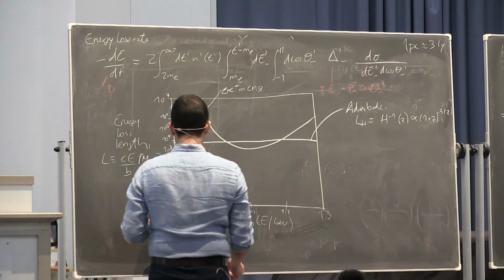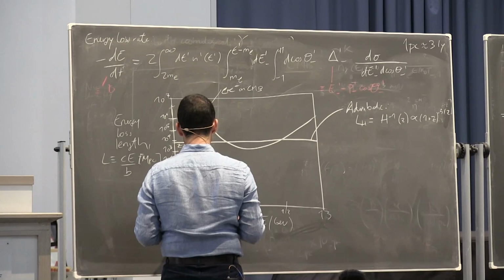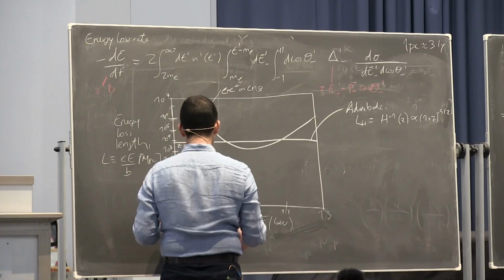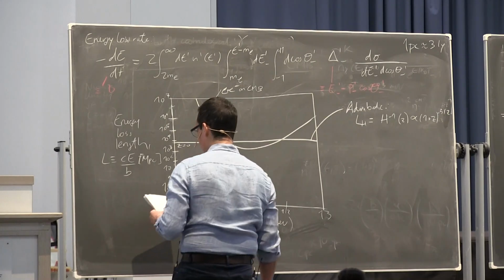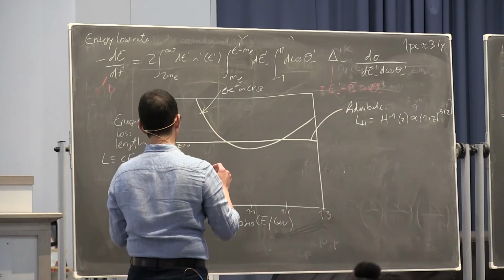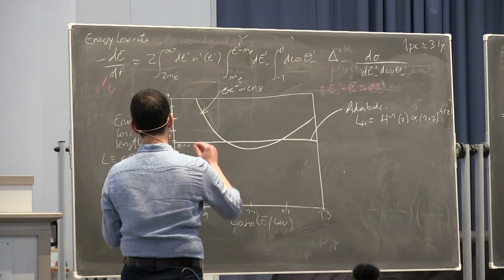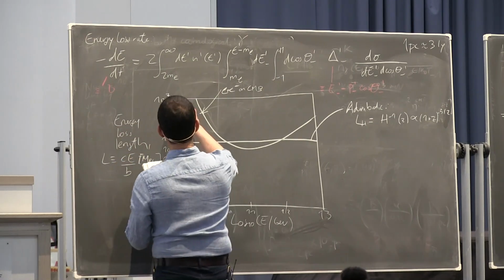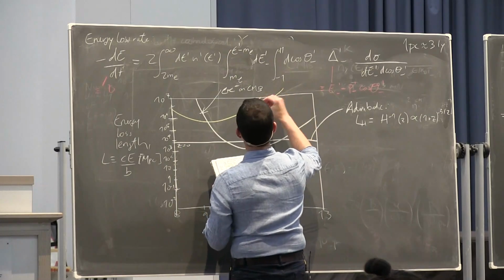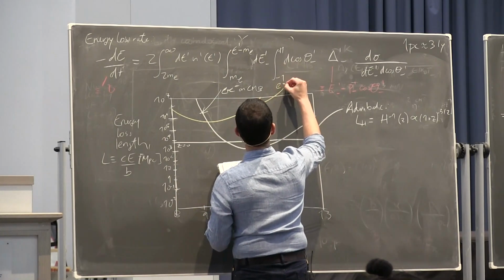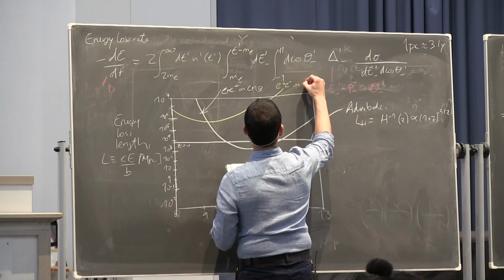And if you instead now use the EBL, the extragalactic background light, it looks like this. So now this is E plus, E minus on the EBL.